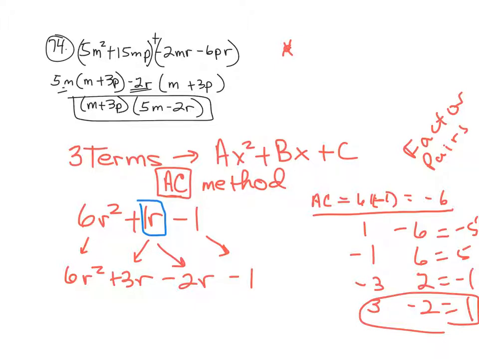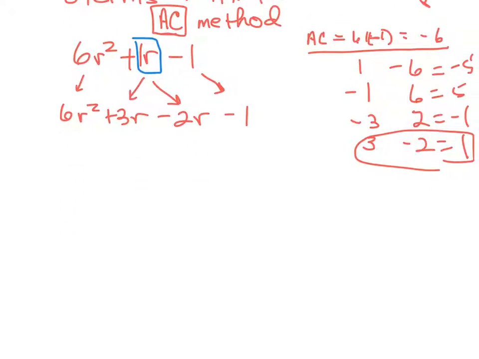All right, well now it's just like this problem up here. So let's do grouping on it. We'll group the first two, and we'll group the last two. Sarah and Simon, what would you like for me to factor out of 6r squared and 3r? 3r is correct. 6r squared divided by 3r is 2r. 3r divided by 3r is 1.